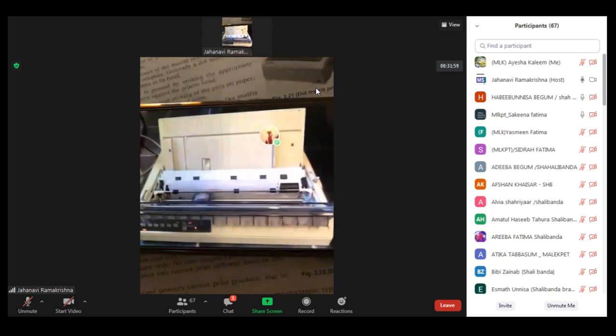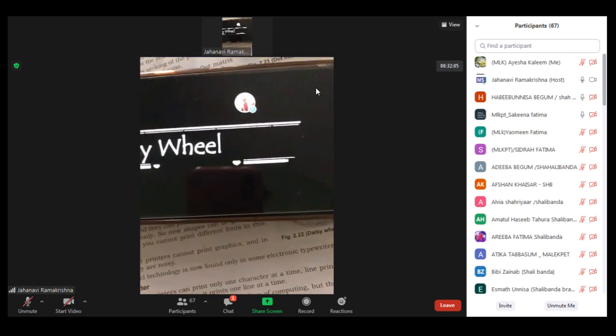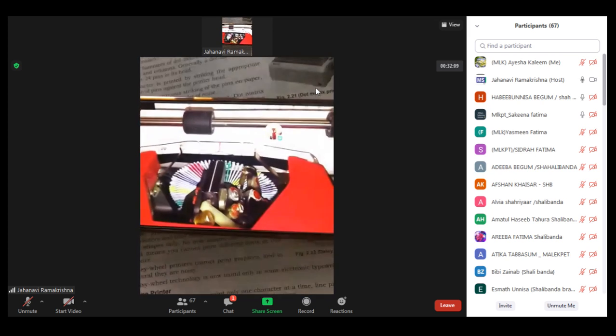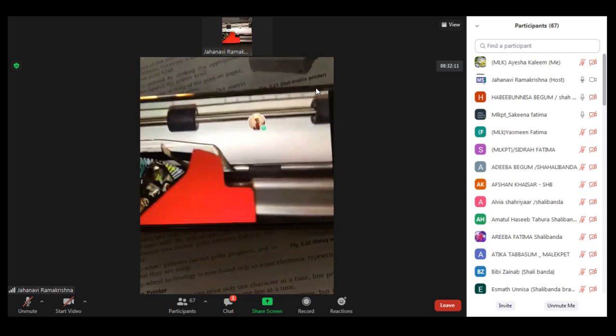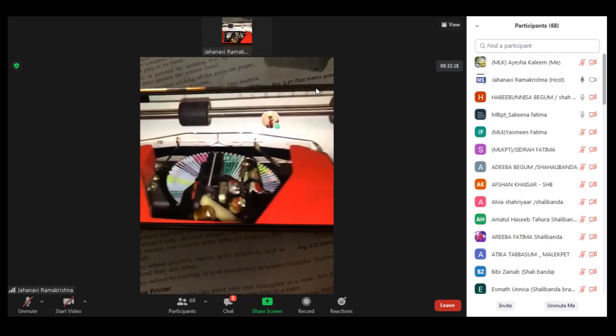This is your dot matrix printer, which is being shown. The daisy wheel printer is in the form of a flower, so it is called that. See, now it is rotating, and then what is happening? The head goes striking over there.